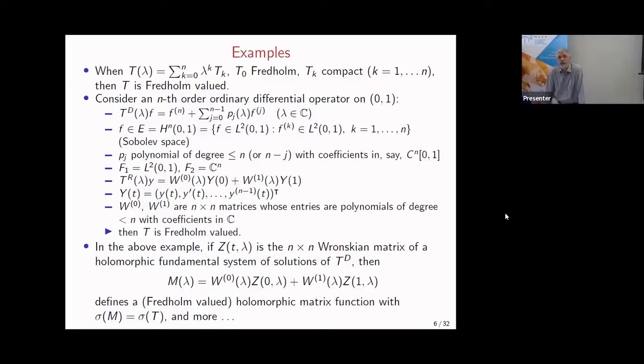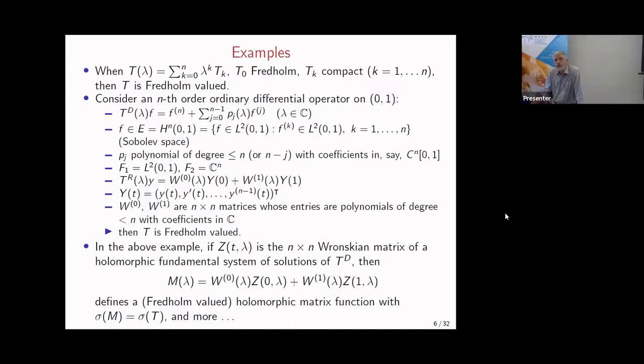Then there is the Sobolev space. It's a Hilbert space, but the only thing we need right now is that it is a Banach space. The coefficients in that differential equation depend polynomially on lambda, and our operator goes into F, which is split into two parts, F1 and F2.